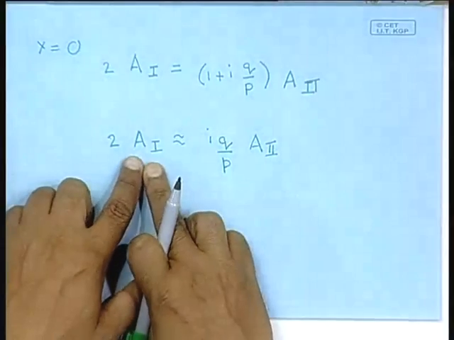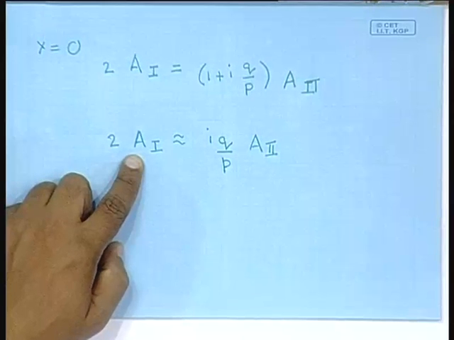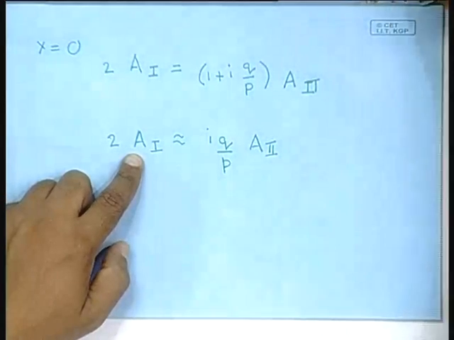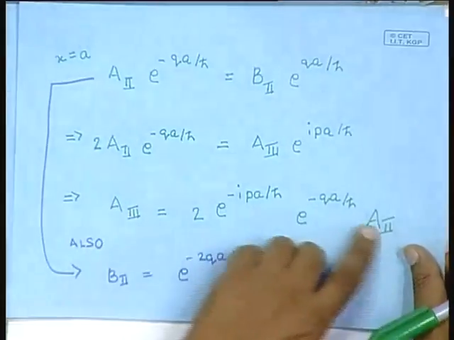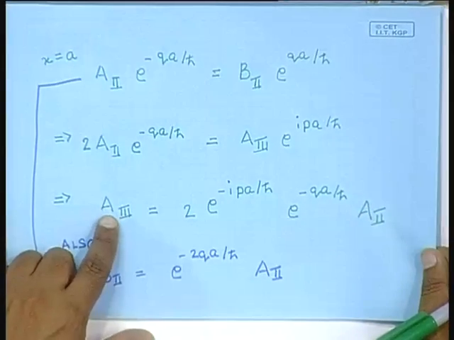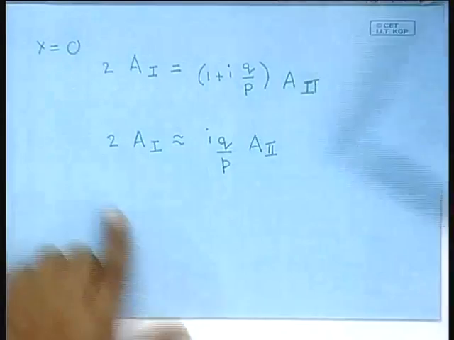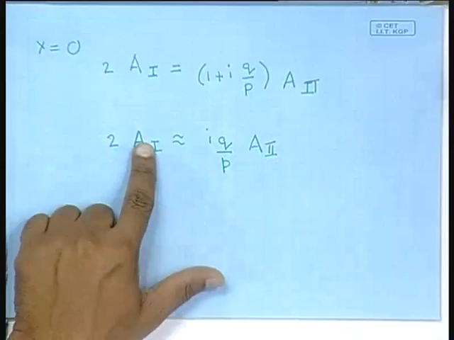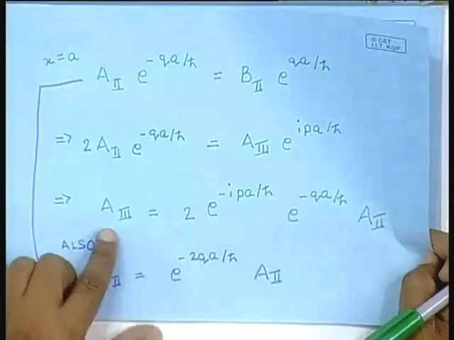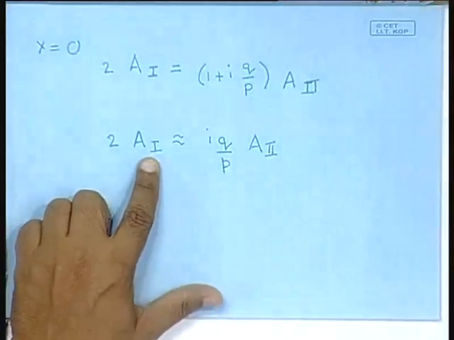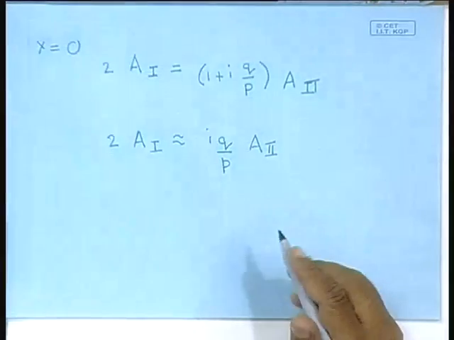So, we now have a relation between A1 and A2, and if we use this relation in the relation between A3 and A2, we get a relation between A3 and A1. So, let us do that.